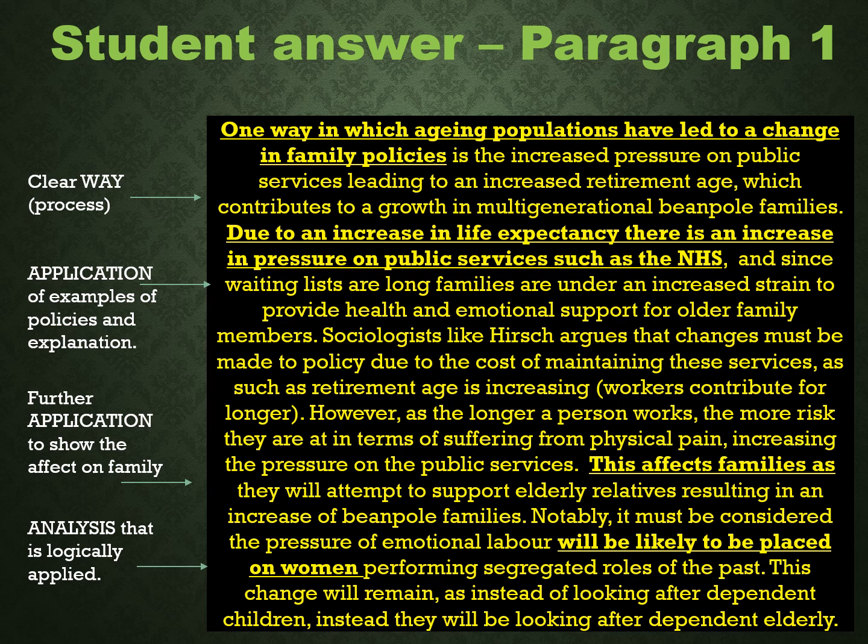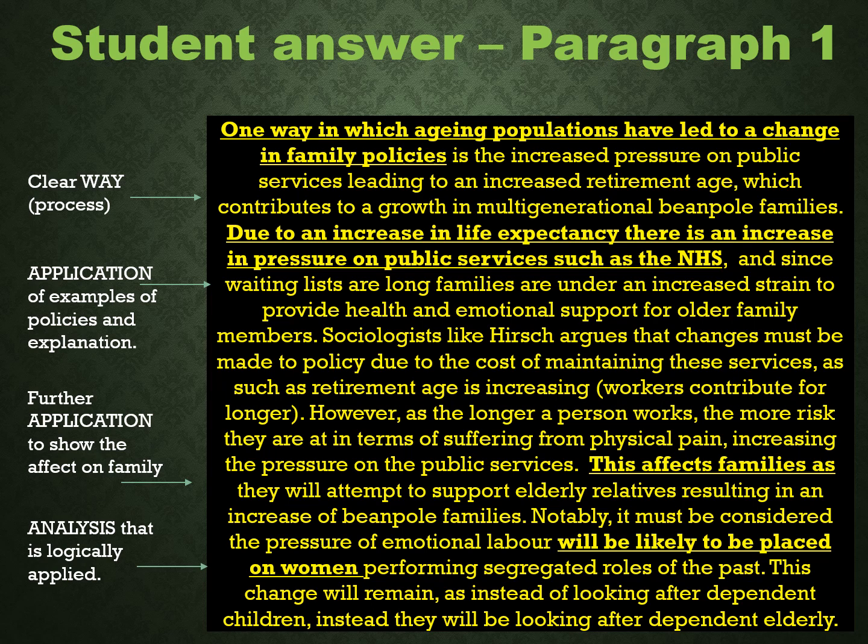So families are going to attempt to support their elderly relatives, and as a result, this increases beanpole families. We've got a bit of analysis to finish right at the bottom of the paragraph, because it must be considered that the pressure of emotional labour is most likely to be placed on women performing these segregated roles in the past.